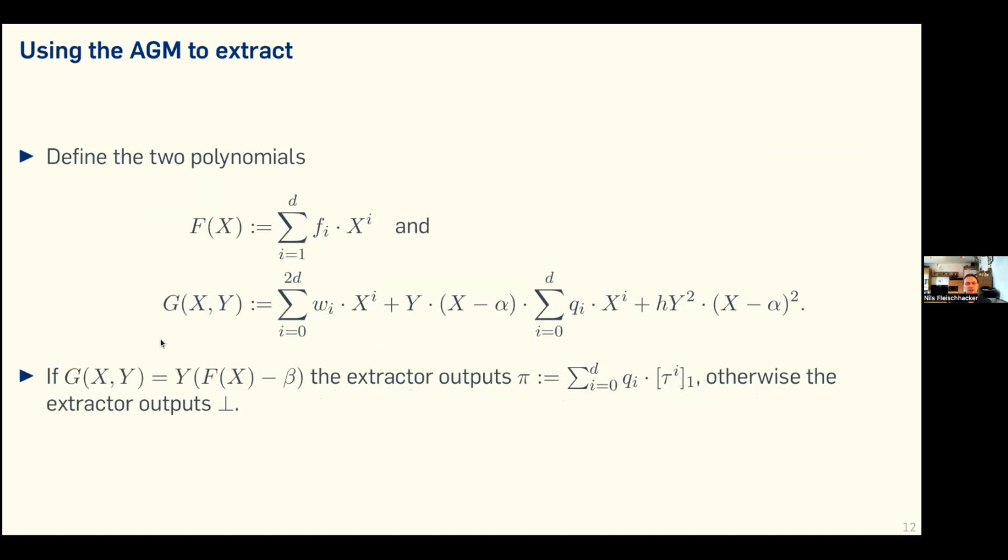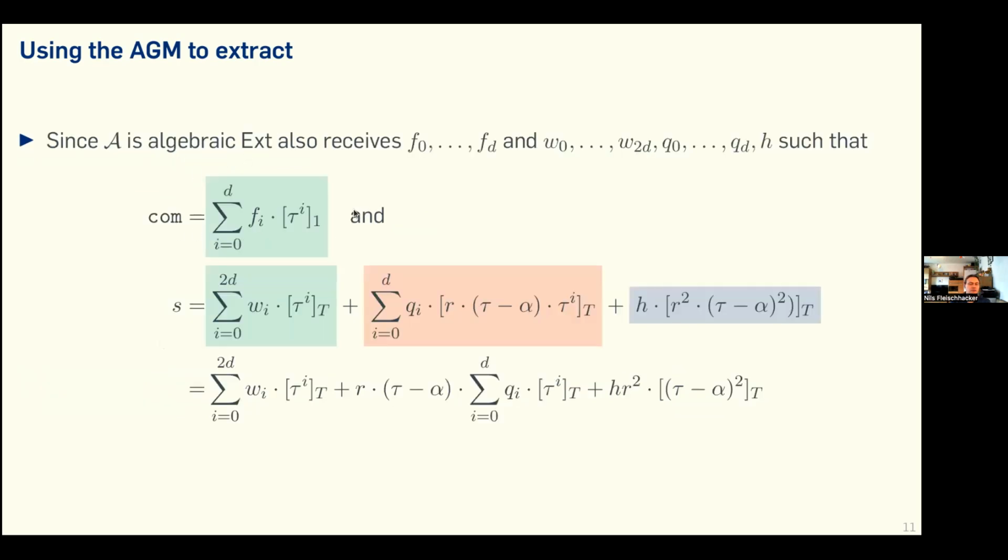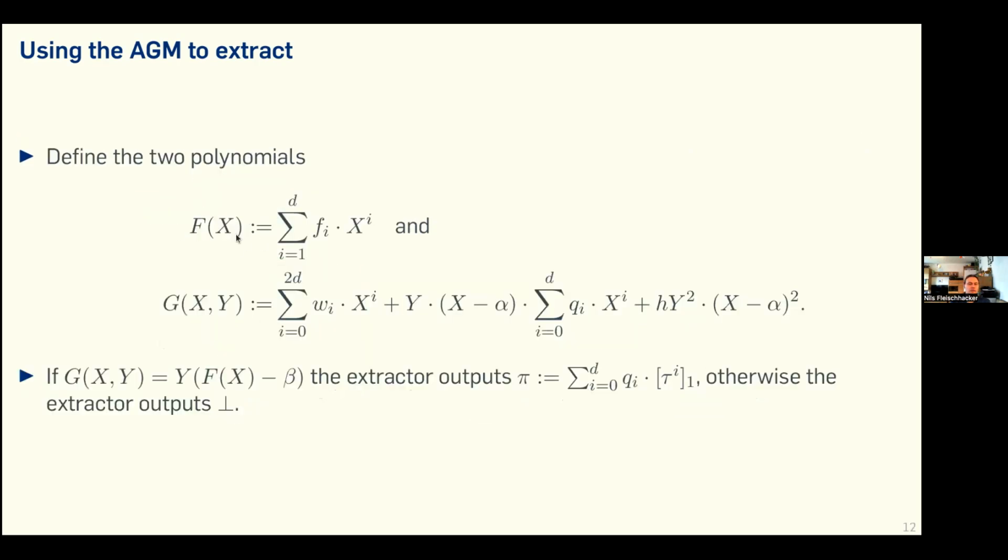And if we do this, what we get is that if you evaluate f on tau and bring that into G1, then you get this. So this evaluated on tau in group G1 is just the commitment. And this evaluated on tau, R in the target group is basically our S value.